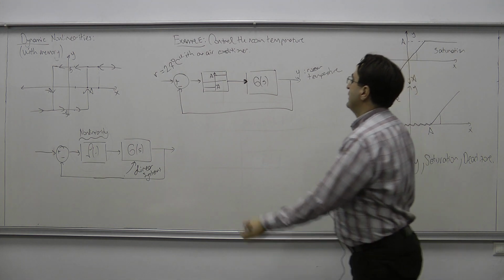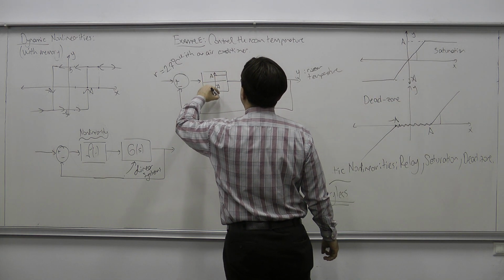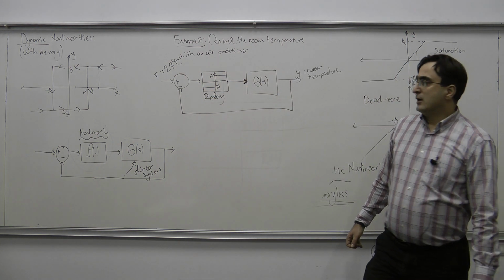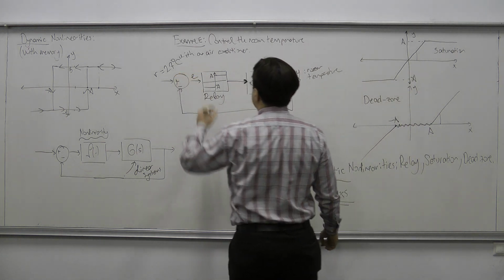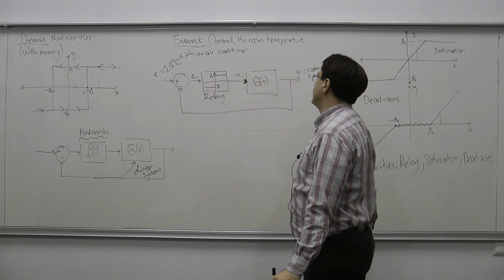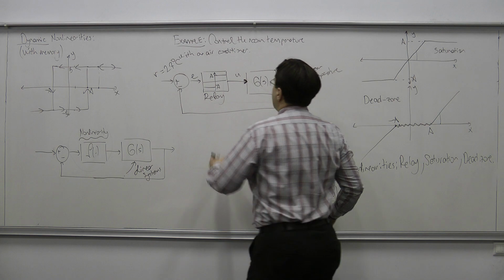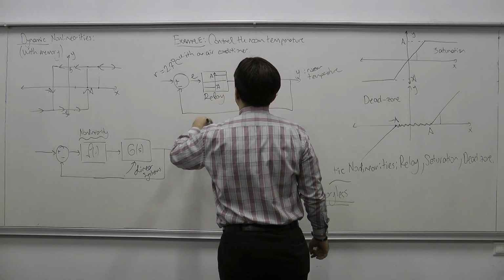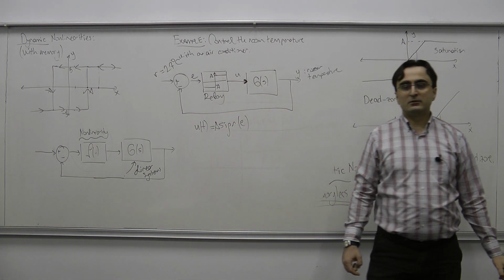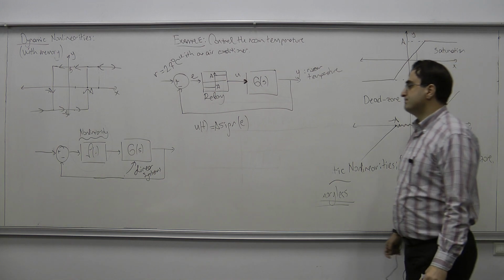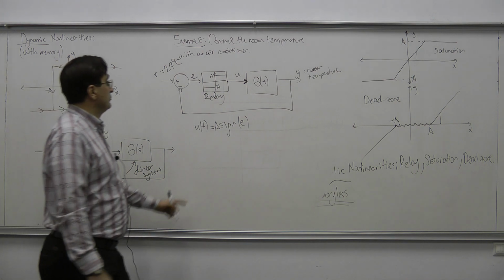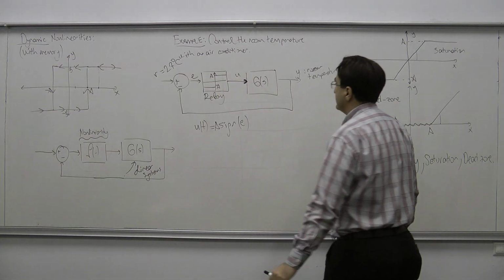Currently, I have only a relay here, a simple switch. This means that I have the error signal here, and the input signal u to the system. So u(t) is nothing but A times sign of e. In this case, I would have this type of nonlinearity in the system.